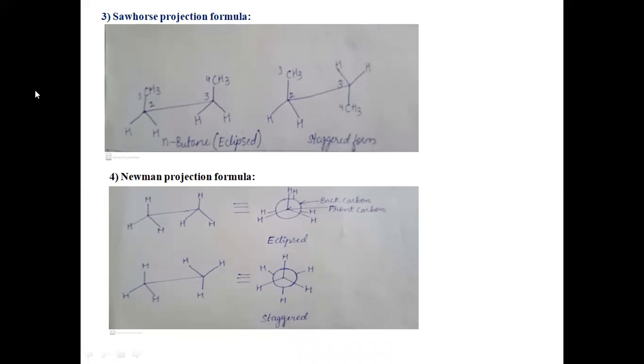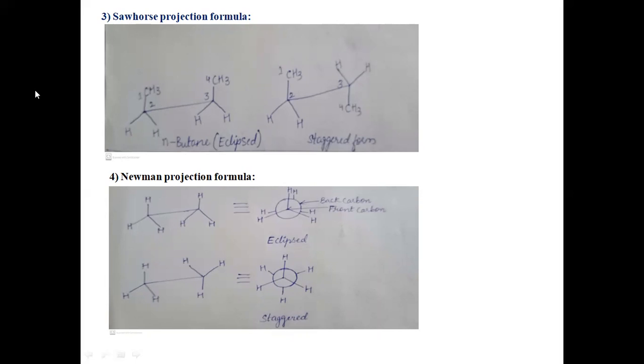This gives us information regarding the spatial arrangement of the substituents attached to the two adjacent carbon atoms, and the other groups bonded to those two chiral carbon atoms, or we can say two achiral carbon atoms.